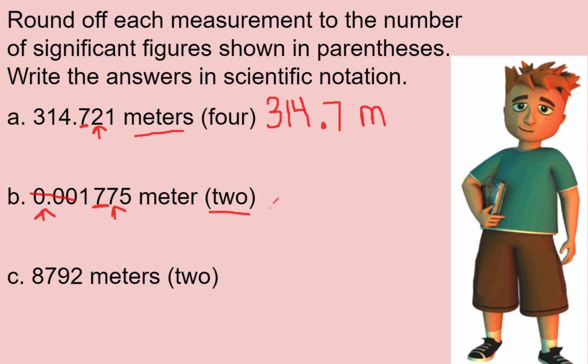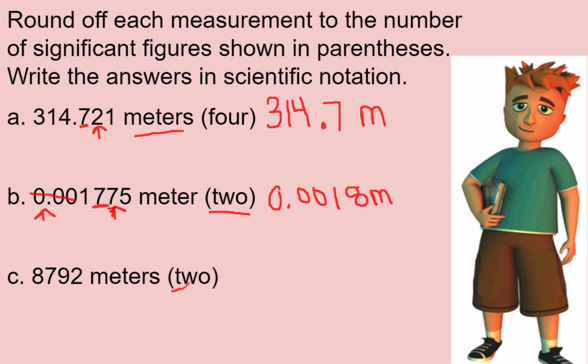So this one we have to round up. So we're going to keep our placeholders, 0.001, and then we're going to round that 7 to an 8 because the second 7 is greater than 5. So no naked numbers here. We got to keep our meters.